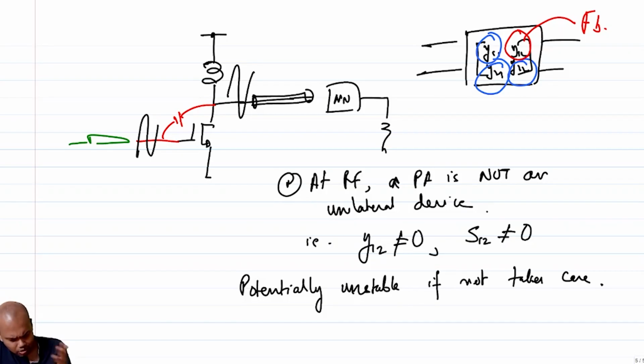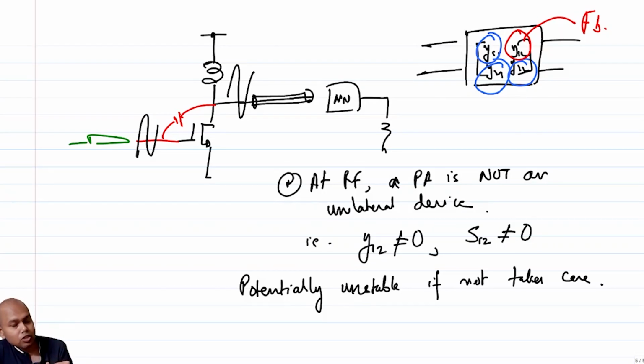Or you can do S parameter analysis to find these out. We do not have enough time in this course to get into the details of stability. I'll see if I can give you the expressions that one needs to look out for, but what you need to understand is the fact that at these frequencies a PA is not a unilateral device.